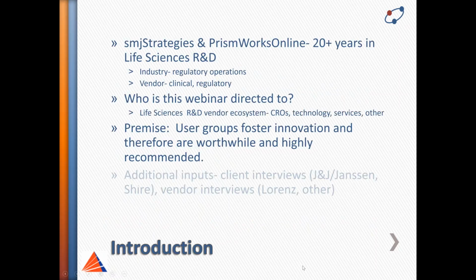So in terms of introduction, who we are, between myself and Monique, we are each in this space 20+ years, which means I suppose we have 40 years of collective experience in life sciences R&D. So primarily regulatory, clinical operations, preclinical to some extent, and much of what we are talking about, it can be applied to other verticals as well, but our perspective is extremely focused on life sciences R&D.